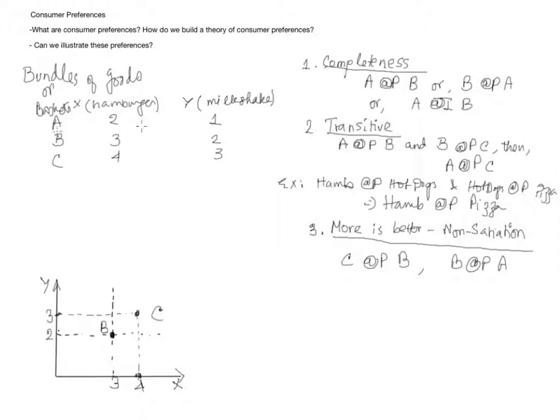Now let's consider bundle A. Bundle A has 2 hamburgers and 1 milkshake. So bundle A is somewhere here.